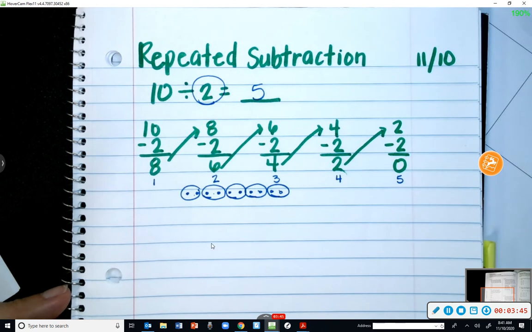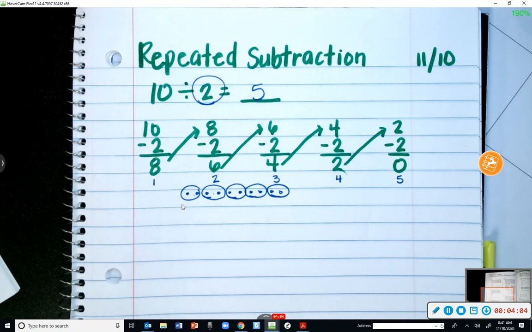Any questions so far on how we're setting this up, or on this specific problem? Allie? Okay, what's your question? Why do we have to do it until 0? Because you have 10 things and you're splitting them up until there's none left.